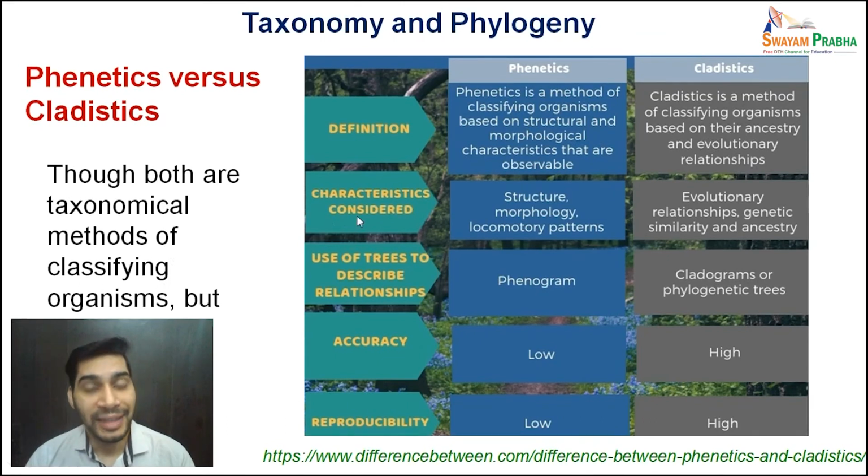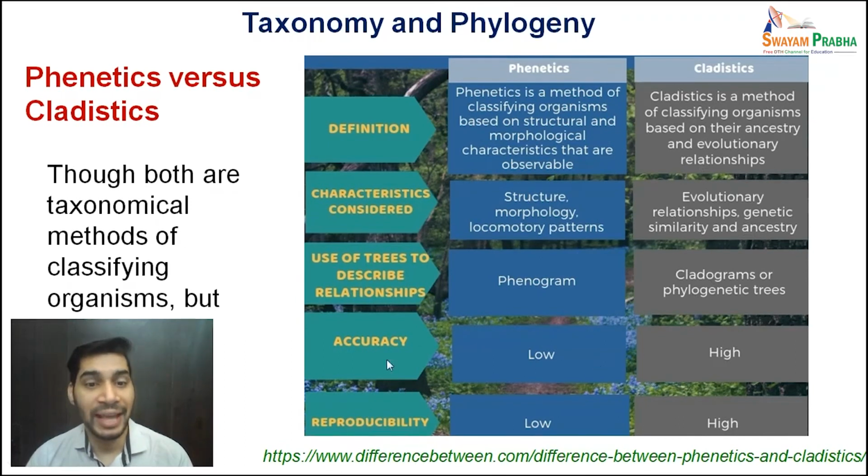The characteristics which are considered under phenetics are mainly their structures, their morphology, their locomotory patterns, etc. Whereas in case of cladistics, these are the evolutionary relationships, the genetic similarity and the ancestry. The trees used to describe relationships under phenetics are mainly phenograms, whereas under cladistics these are the cladograms or the phylogenetic trees.